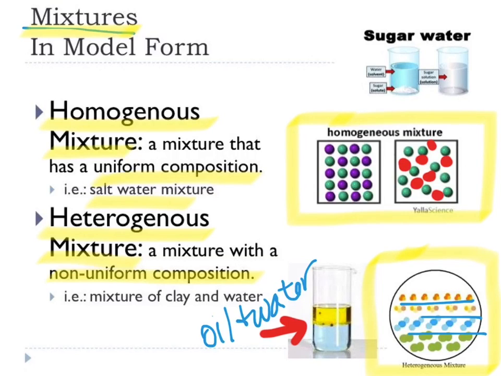So if you can see that nice horizontal division at the particulate level, then it's probably going to be a heterogeneous mixture. So I need you to be able to look at something at the macroscopic level, say salt water or sugar water, and then to be able to look at it at the particulate level.